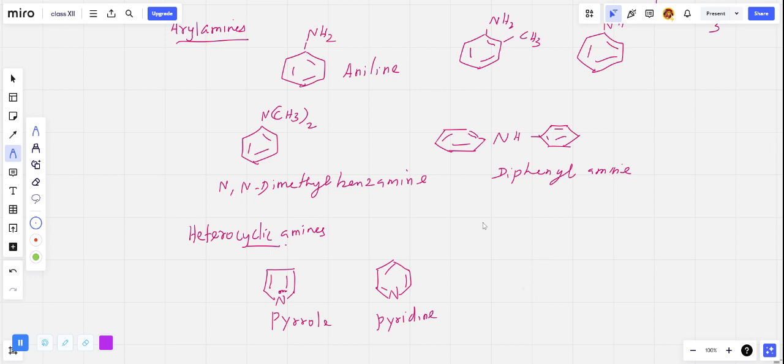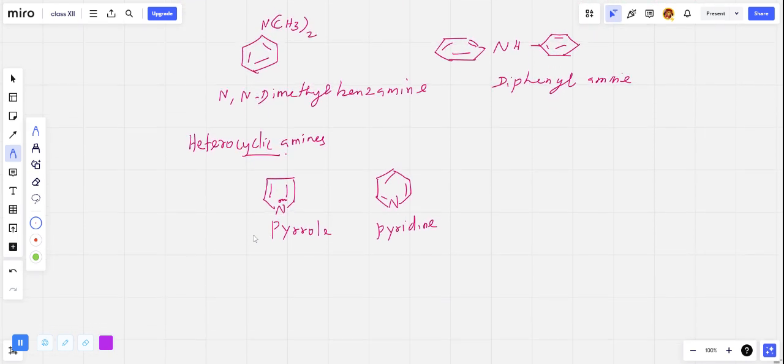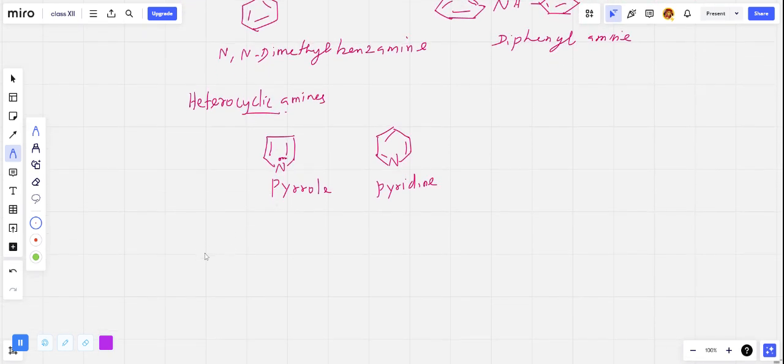So this is also an amine, but a heterocyclic amine. Then one last classification: simple and mixed amines.